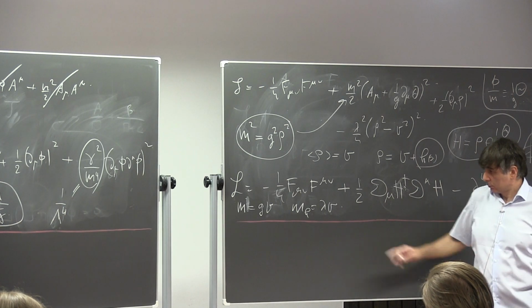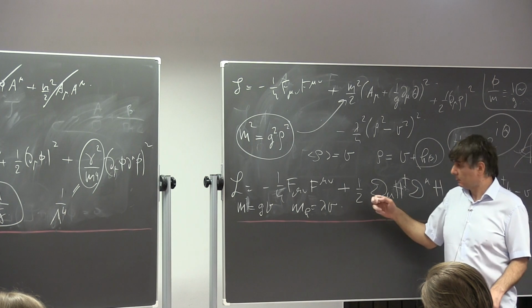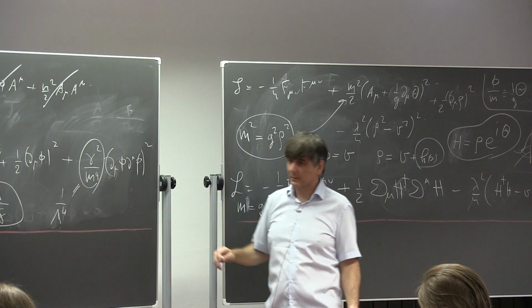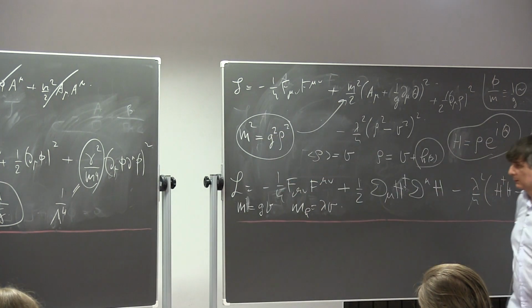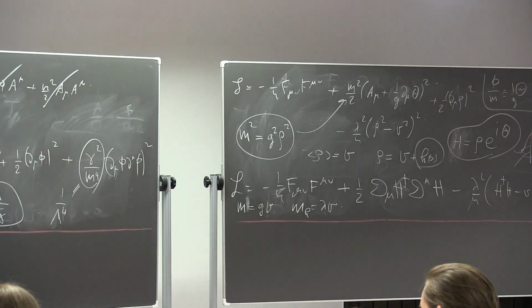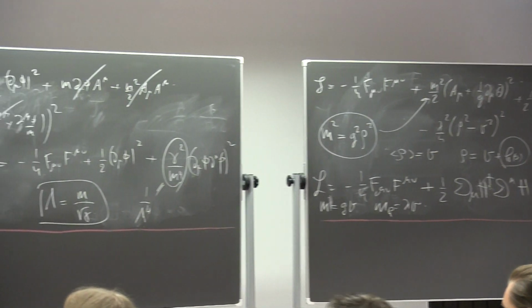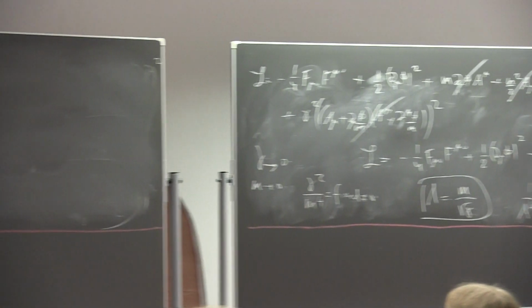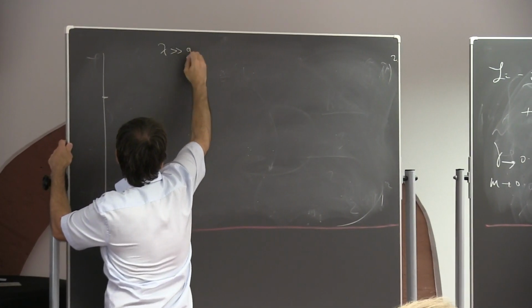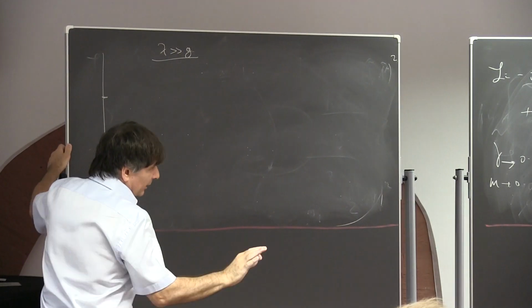Now, for instance, we can go from here to here. I can give you this as an exercise. If you will not do it, we can do it in the next lecture in one step. So, for instance, let's say we take the situation when lambda is much bigger than G, okay, for definiteness.